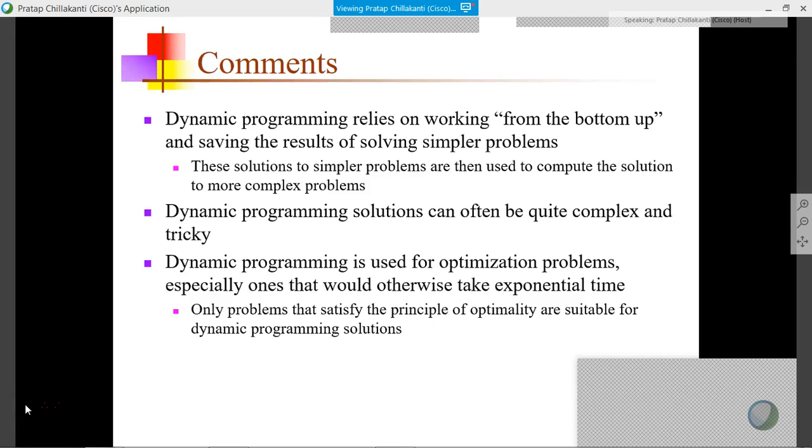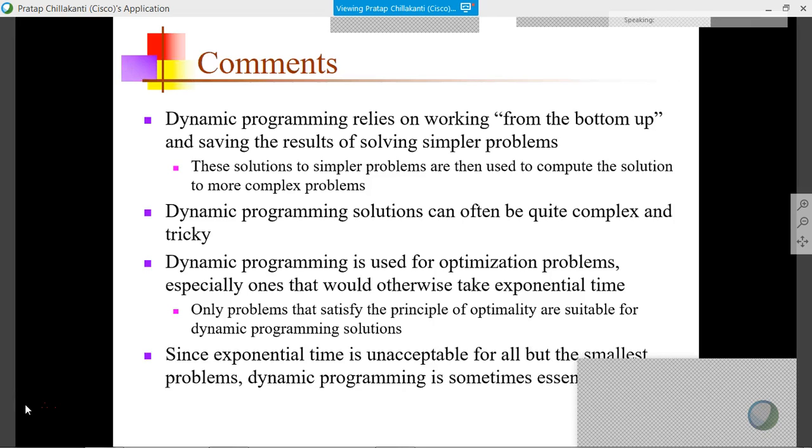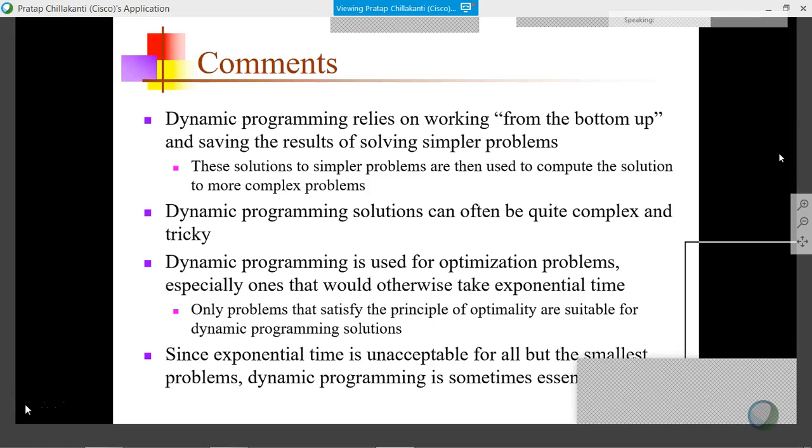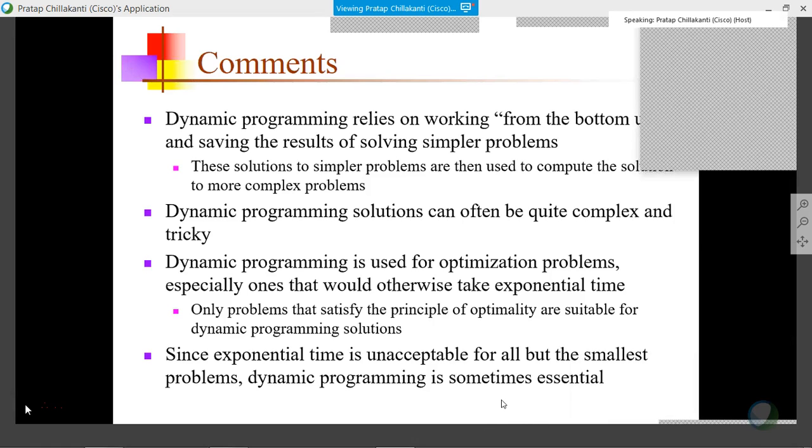If you go back to the 13-cent coin problem, the sub-problems of 11 and 2 are optimal, but the sub-problems of 6 and 7 are not optimal. So we don't want exponential time. That's why we always say we prefer dynamic programming.